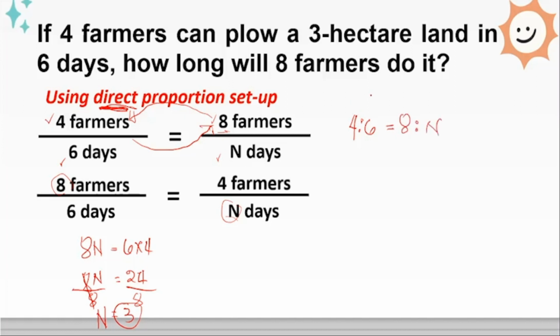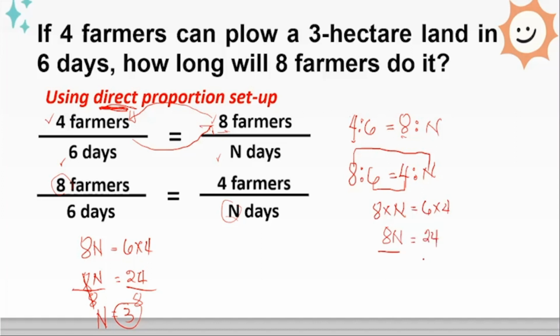But we don't multiply extremes and means right away. What we will do is swap them. 8, we put in the position of 4. Then 8 to 6 as, then 4 goes to the position of 8, 4 to n. Before we multiply extremes and means. So 8 times n as 6 times 4. So 8n is equal to 6 times 4, which is 24. Then divide both sides of the equation by 8.